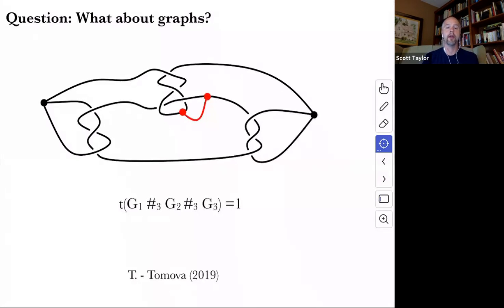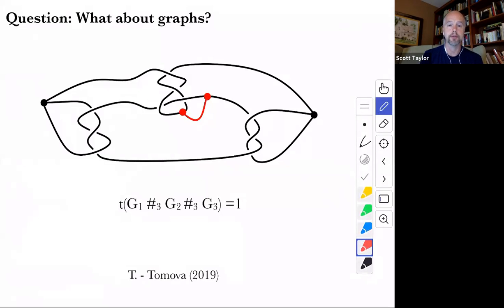Here I have the trivalent vertex sum of 3 non-trivial theta graphs that has tunnel number 1. So again, we don't have the Schubert-Schultens result. However, these 3 graphs that I'm summing together each have tunnel number 0. So somehow tunnel number has still gone up. It's not just adding together things of tunnel number 0.